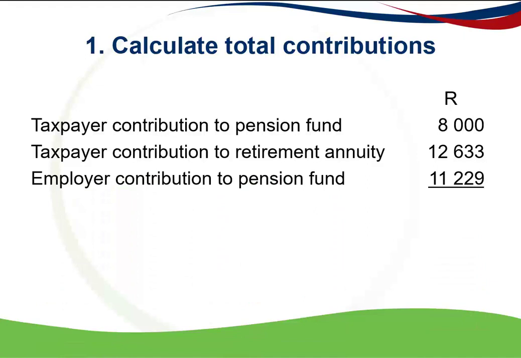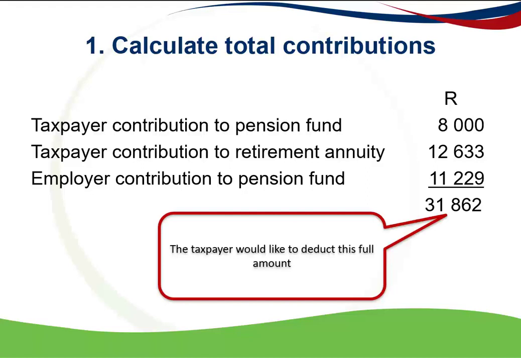And lastly, the employer contributed to the pension fund 11,229 Rand. So that gives us total contributions of 31,862. Now remember, you also need to look and see if there were any contributions that weren't deducted in the previous year of assessment, and you would add those to these total contributions. And this is what the taxpayer would like to deduct. So you can't ever deduct more than what the taxpayer contributed. Remember, you have to have paid out the amount in order for it to be a deduction.